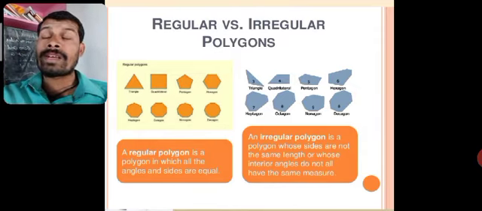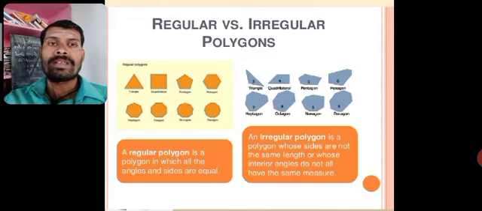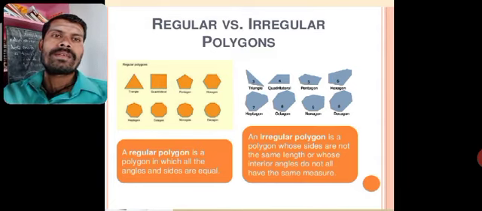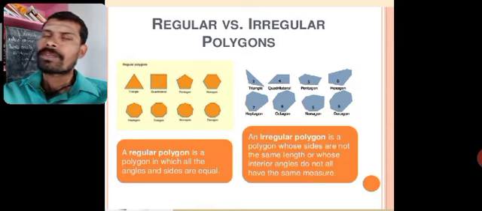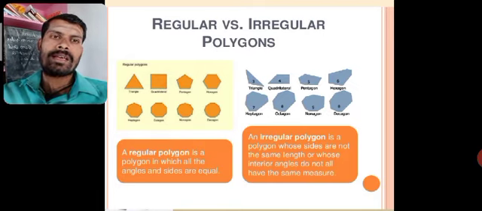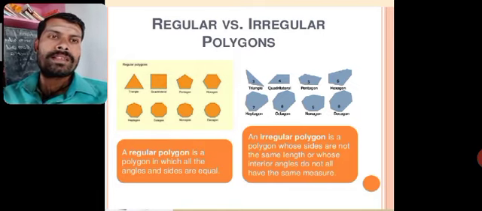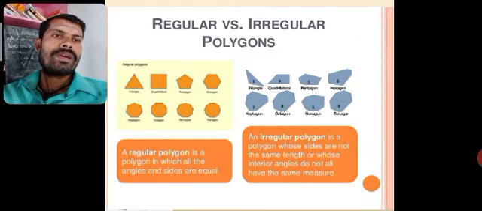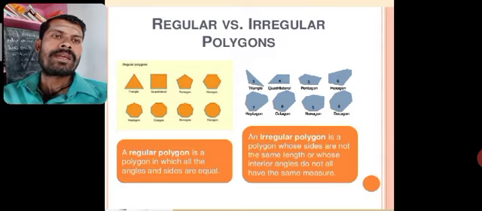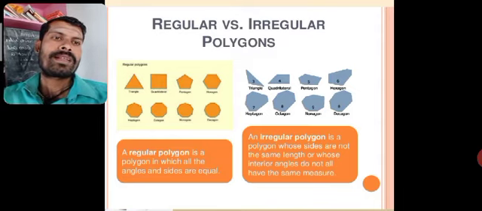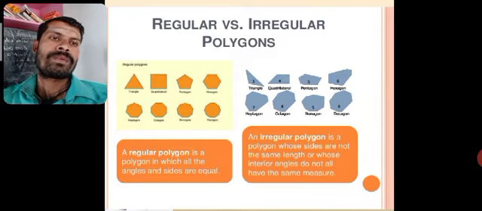A regular triangle, the equilateral triangle, is a regular polygon. A square is a regular polygon. So there is the regular pentagon, regular hexagon, octagon, regular decagon, and we can form a regular dodecagon. An irregular polygon is a polygon whose sides are not all the same length or whose interior angles do not all have the same measure.